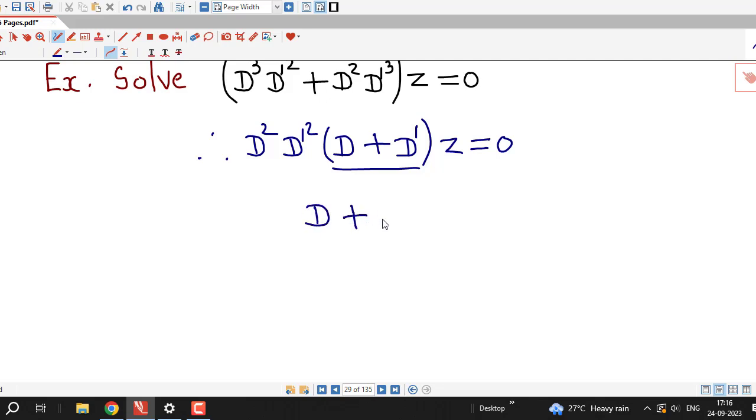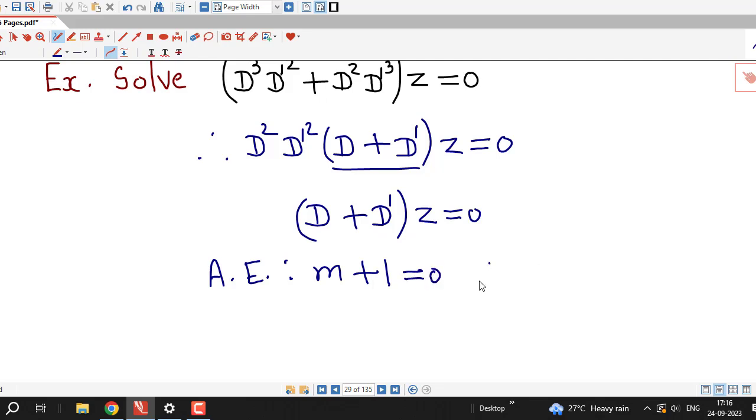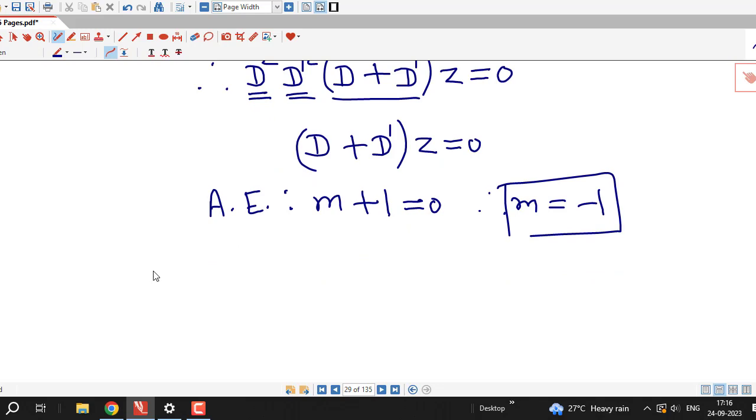We have (D plus D dash) z equal to 0, and if I replace D by m and D dash by 1, the auxiliary equation corresponding to this equation is m plus 1 equal to 0, that is m equal to minus 1. And here I have D square in the product, D dash square in the product, so I have to write down the parts corresponding to D square and D dash square.